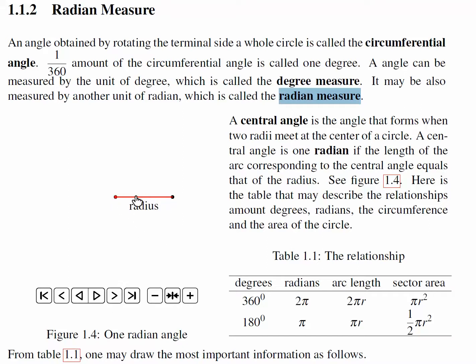So we rotate this radius counterclockwise, and it's going to give us a circle. This will be the radius line segment. And then we fix this point and rotate the radius based on this point.